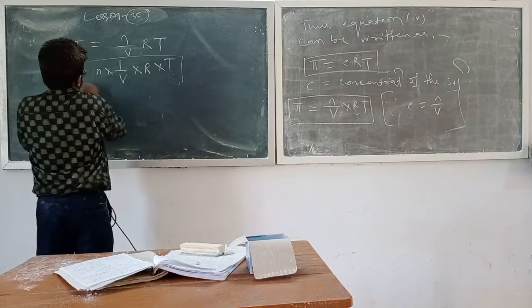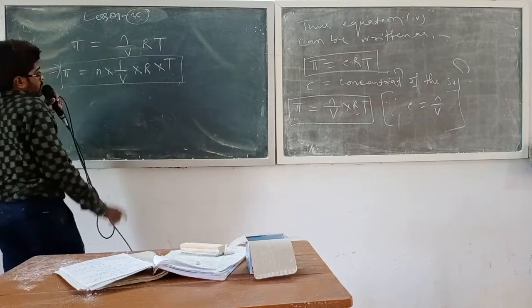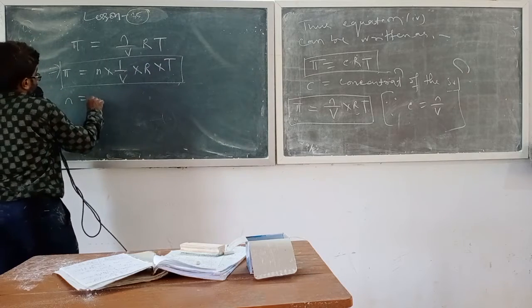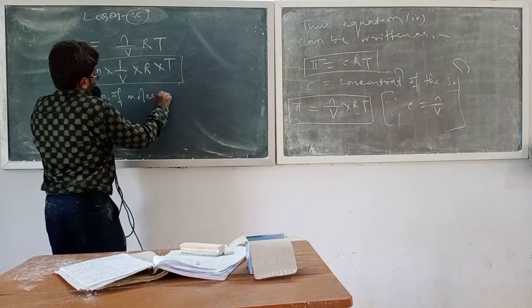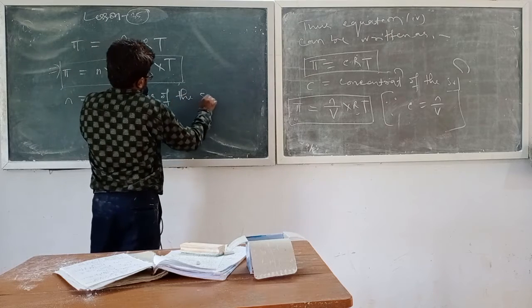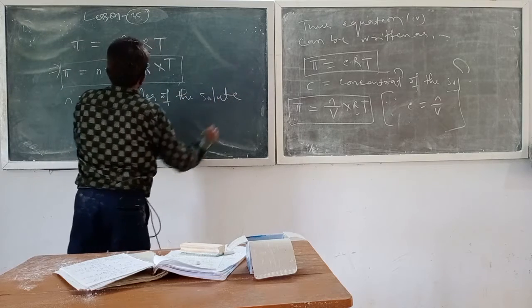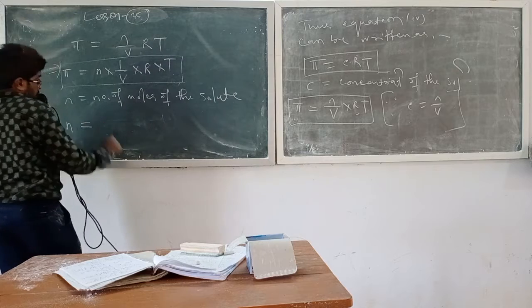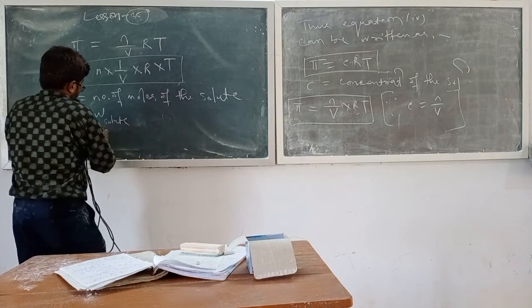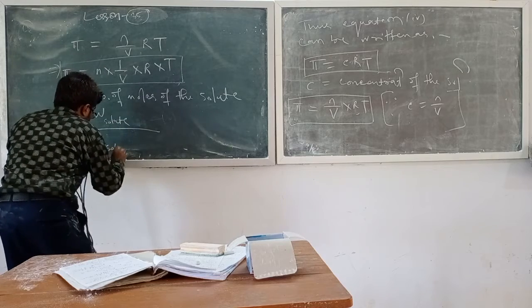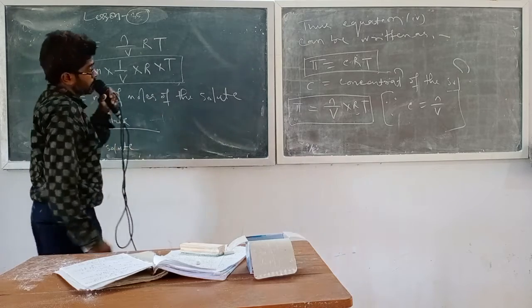Here N is the number of moles of the solute. The number of moles should be W solute by M solute.